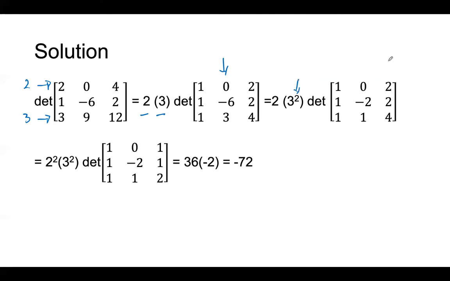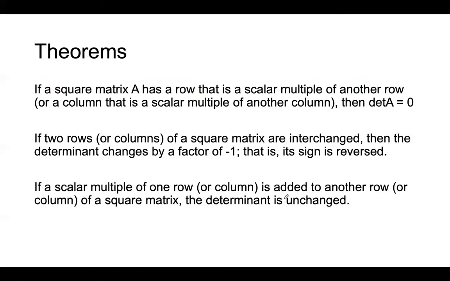Then there's a 2 here, which we could take out. So this became 3 squared and this becomes 2 squared. Now we can compute this because it's 1s, 0s and 2s, which makes it easier. You can compute this yourself and you get -72 times these coefficients.